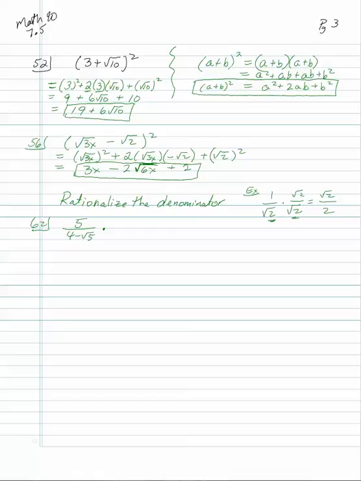So this is where you got to multiply by the conjugate. Is going to be 4 plus square root of 5. And then you're going to multiply the bottom and top by the conjugate of the bottom, because we got to multiply by formula 1. So on the top, we're going to distribute.